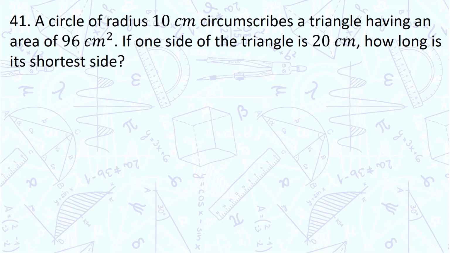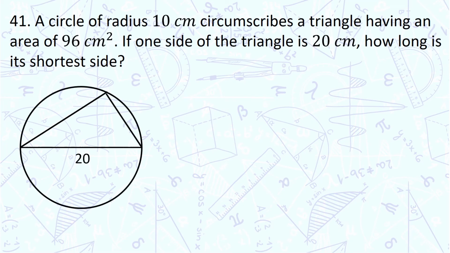A circle of radius 10 centimeters circumscribes a triangle having an area of 96 square centimeters. If one side of the triangle is 20 centimeters, how long is its shortest side? If the radius of the circle is 10 and the largest side of the triangle is 20 centimeters, then the largest side of the triangle is the diameter of the circle, that's 20.